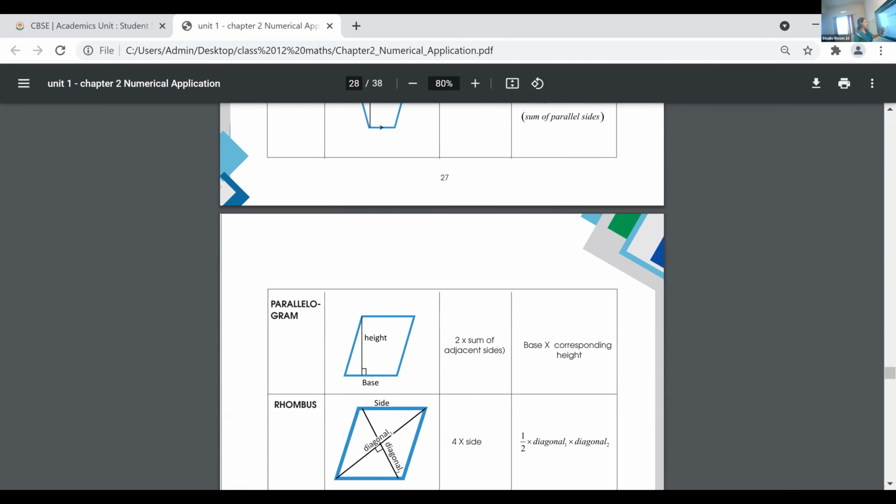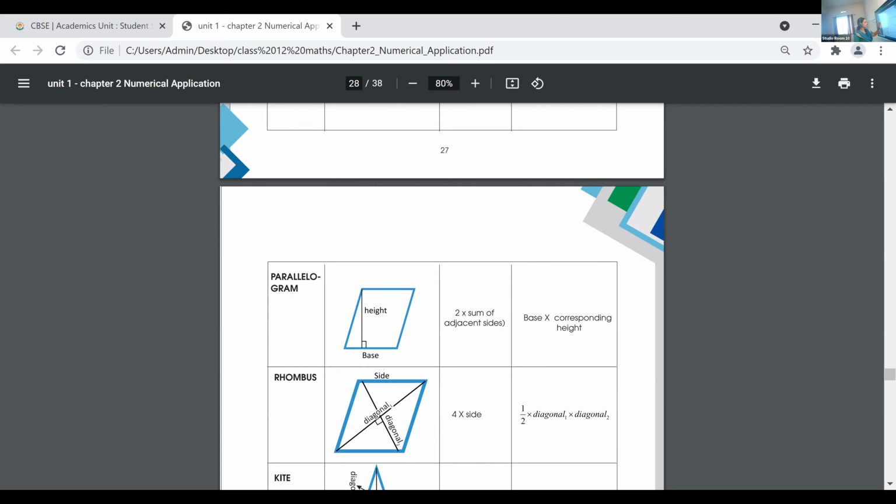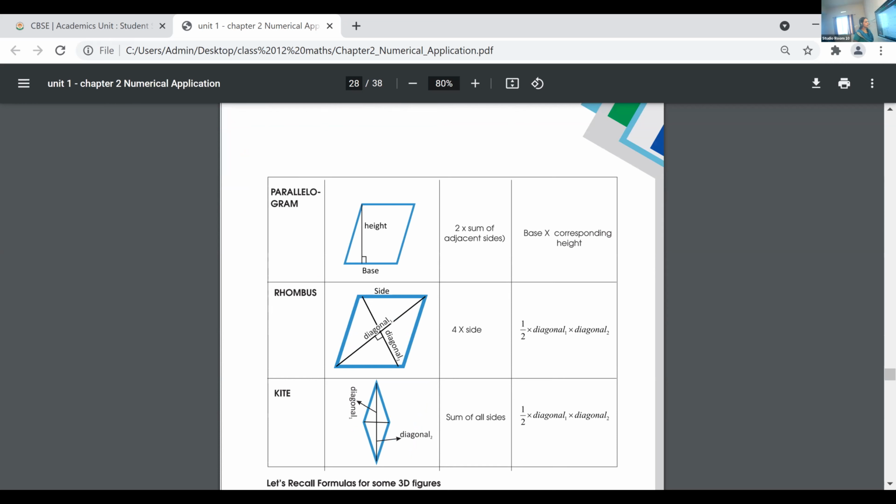And what about a parallelogram? Parallelogram perimeter is the same as for a rectangle, 2 into sum of adjacent sides or 2 into L plus B. And what about area? Base into height. For a rhombus, all sides are equal, so perimeter will be the same as for a square, 4 into side, and if the diagonals are given, area is half into D1 into D2.